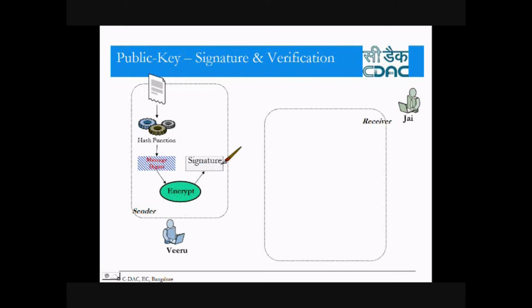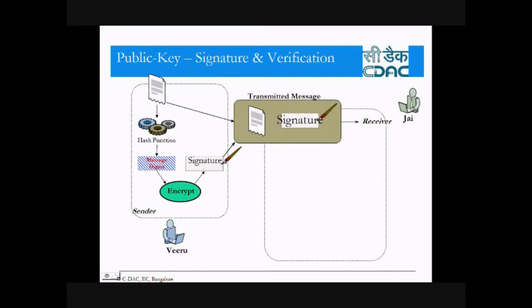Now Viru encrypts that message digest by using his private key, which is what we call a signature. This signature is then added to the document and transmitted via a transmission medium, and it reaches the receiver Jay.